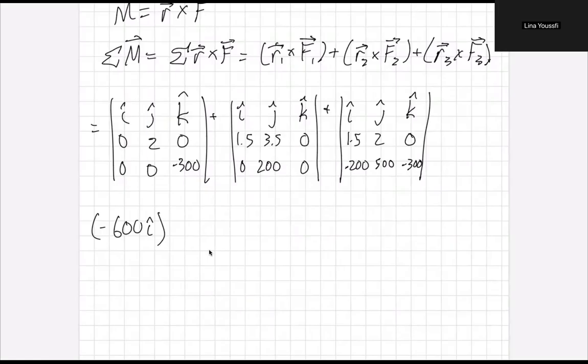That's going to be 0 times 0. So that's 0 in the J hat direction. Now I'm going to do K. So I'm going to take this here, 0 times 0, and then 0 times 2. Again, that's going to be 0.